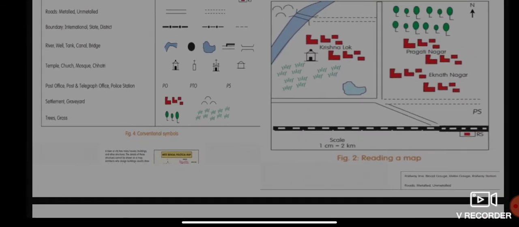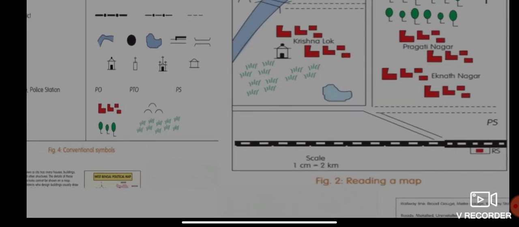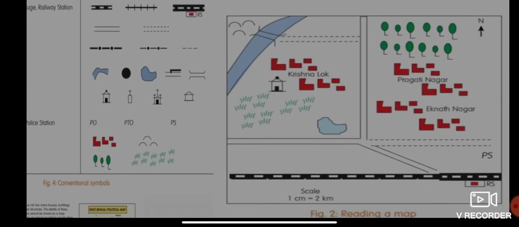After that you can easily find the answers from this given picture.